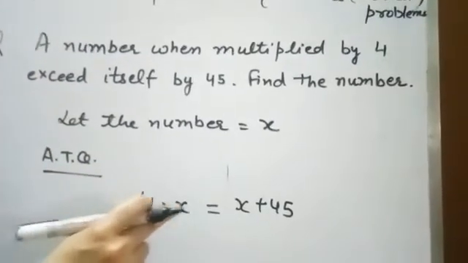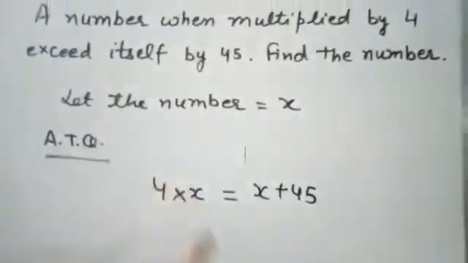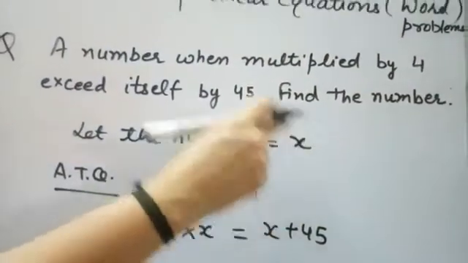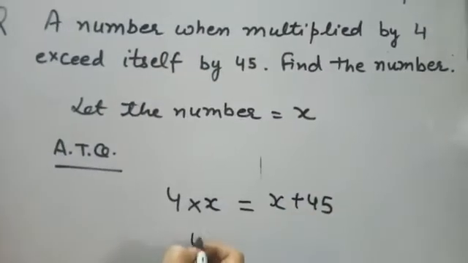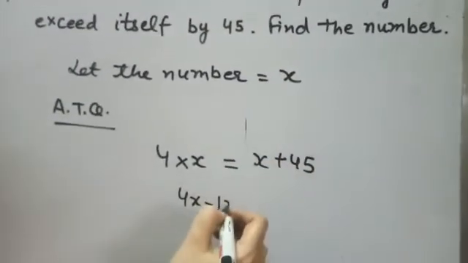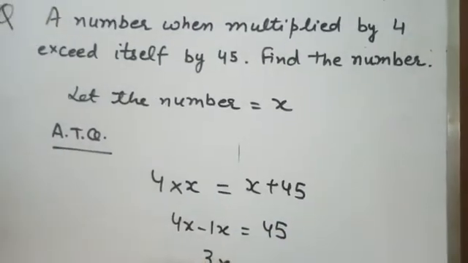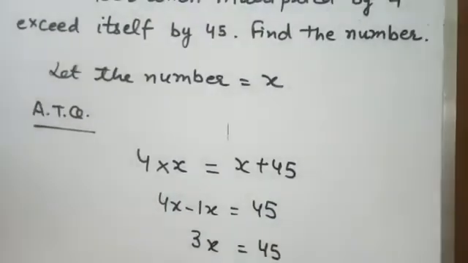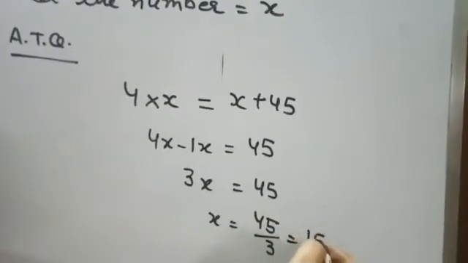Again, a number when multiplied by 4 is 4x, and that is equal to the number x plus 45. Now this x has to be shifted to the LHS. 4x minus 1x, 3x is equal to 45, and x is equal to 45 by 3, that is 15.